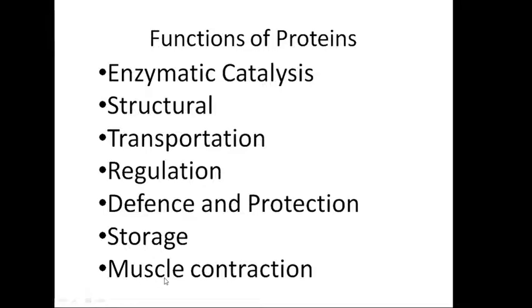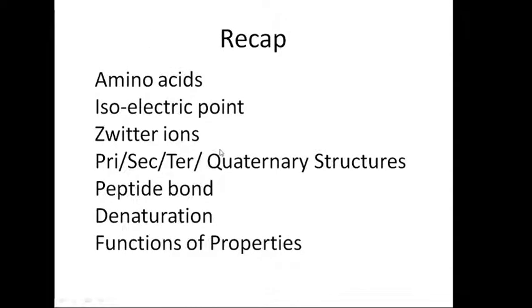The actin and the myosin act as the contractile proteins, which are important for muscle contraction. A quick recap of proteins. You have learned today about the amino acids, their importance, classification, and the properties such as the isoelectric point and the zwitterions.